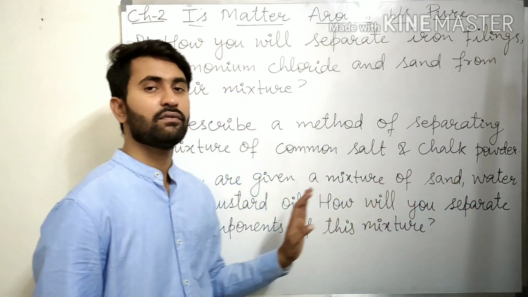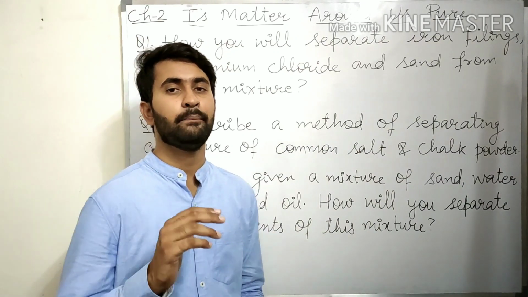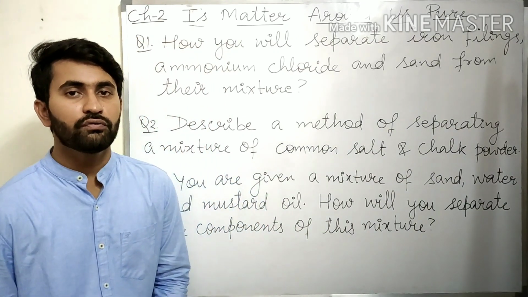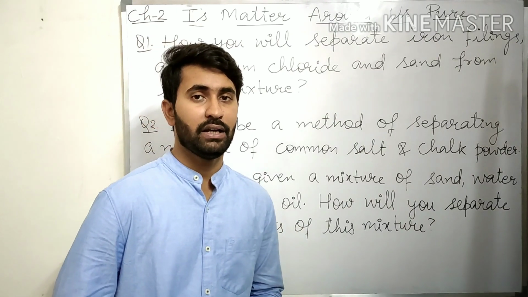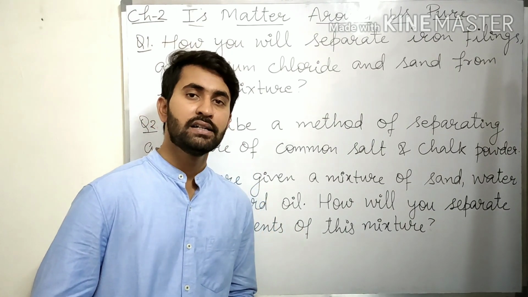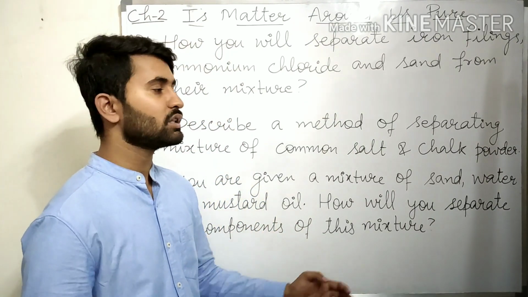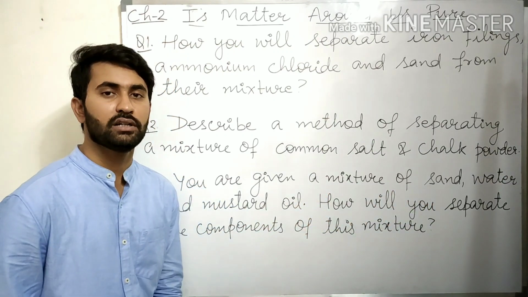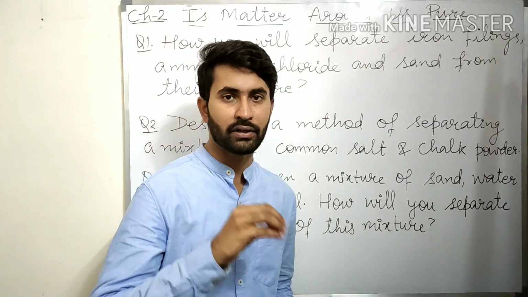Now we know that water and mustard oil are immiscible liquids, so we can separate them by using a separating funnel. We will pour the mixture of water and mustard oil into the separating funnel.